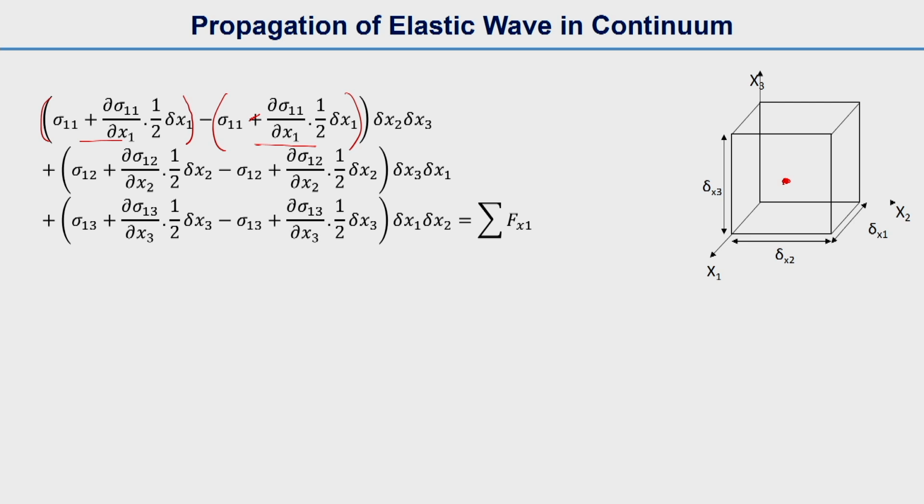And if you want to know the forces along this direction, then what we need to do is multiply the stresses with the area. So this is the area along x1 direction, and that is the resultant force.